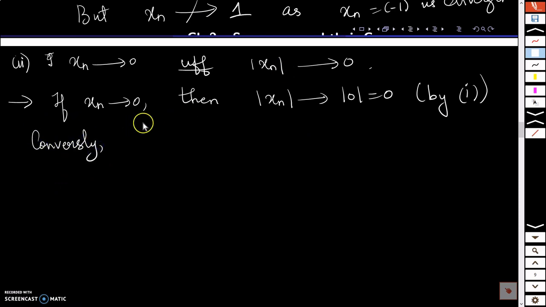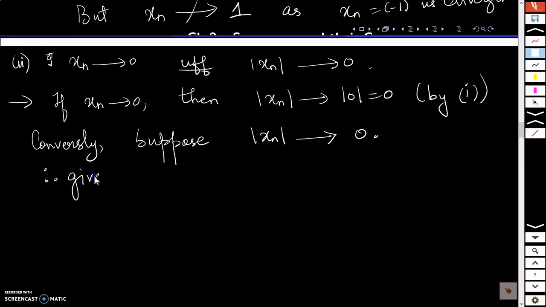So now let's assume that mod xn converges to 0. We have to show that xn converges to 0. Now what do you mean by mod xn converges to 0?